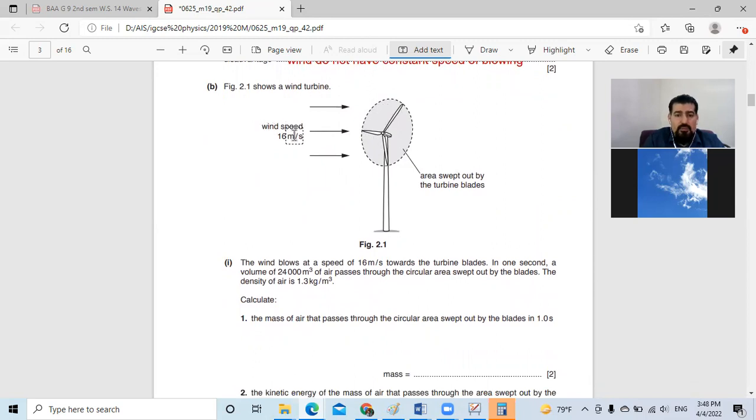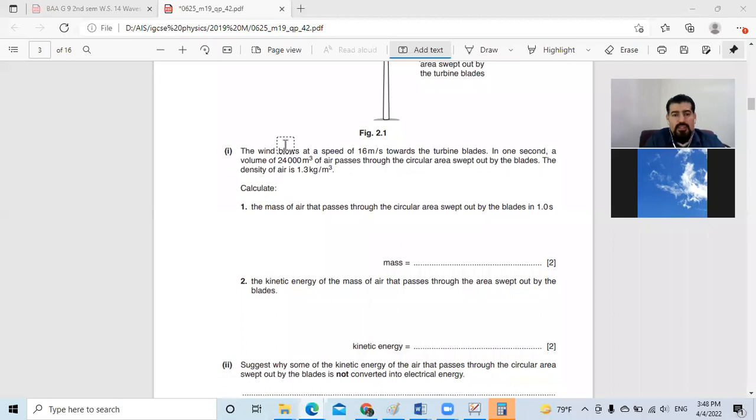Now, what do they give us? They say that the speed of the wind is 16 meters per second. They show a wind turbine, and this is the wind, sweeping out an area by the turbine blades. Part I: the wind blows at a speed of 16 meters per second towards the turbine blades.